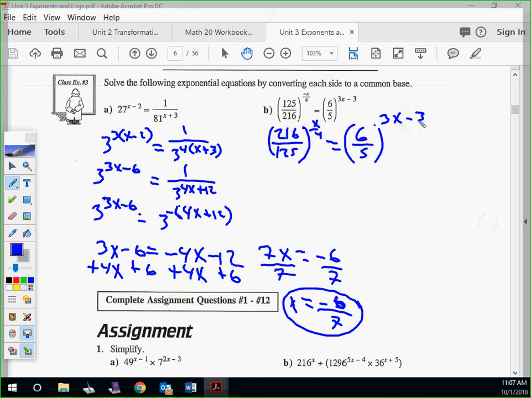And so now we just got to figure out what our bases are. So 6 to the what, 5 to the what? You guys know it's 6 cubed, 5 cubed, right? And so that means we can take the 3 up. So it's going to be 6 over 5 to the 3x over 4.